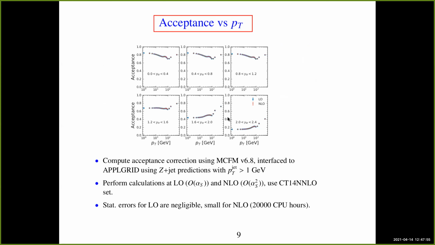Okay, so let's start straight away with the computation of the acceptance as a function of PT for these 6 rapidity bins. And this is done using MCFM, with an interface to APPLgrid, that's why it's an earlier version. This is interesting because you want to look at the PDF dependence. And yes, this is Z plus jet with jet PT of 1 GeV.